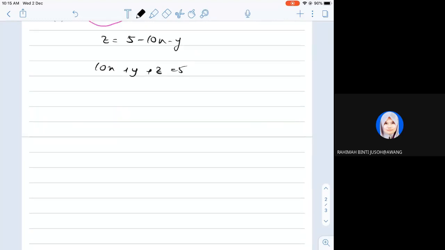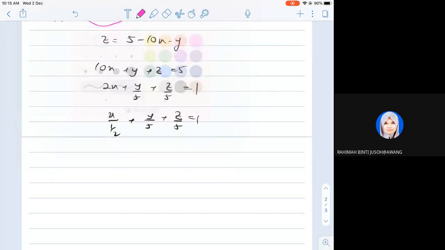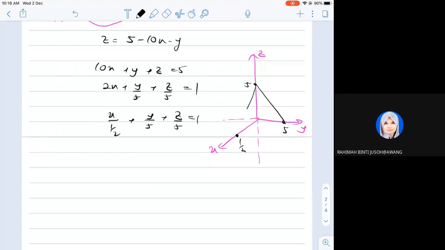By using intercept form, we have x over 1 over 2, y over 5, plus z over 5 equals 1. So x equals 1 over 2, y equals 5, z equals 5. So this is the plane.